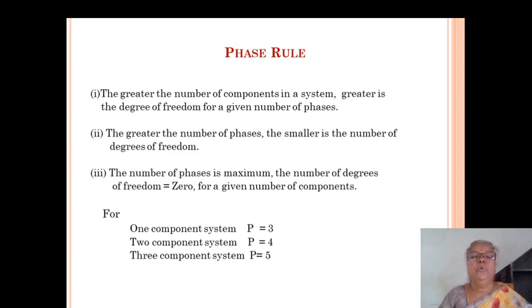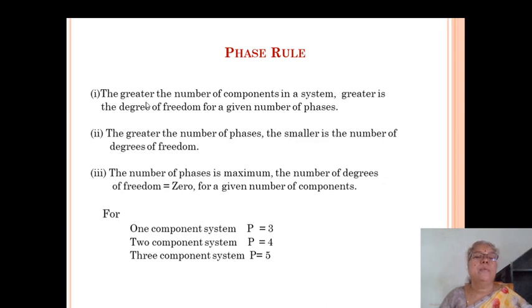That is, we do not have a freedom to fix either pressure, temperature or concentration or composition. That means the degree of freedom is 0 and such systems are called invariant system or non-variant system.